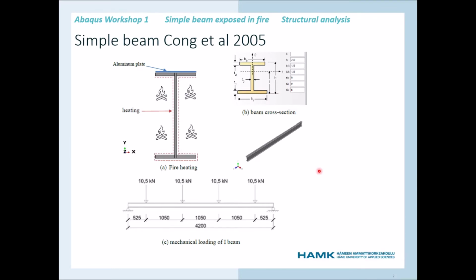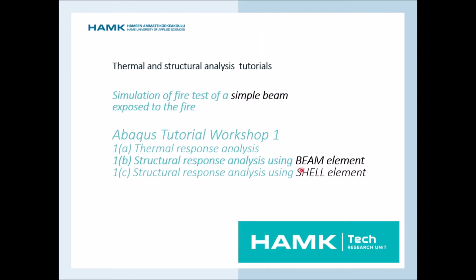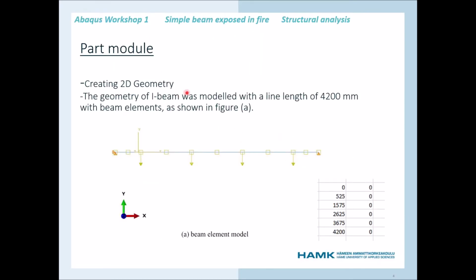This is the structural response analysis workshop using beam element. Before going to model that, we always start with the part model. In the part model we create the 2D geometry for this case, and you can also create the 3D domain, but now let's create the 2D geometry.